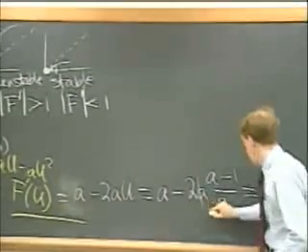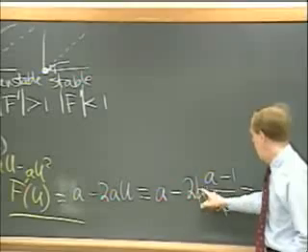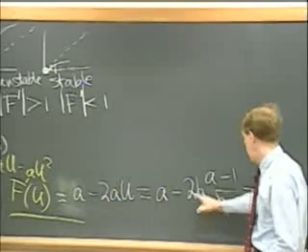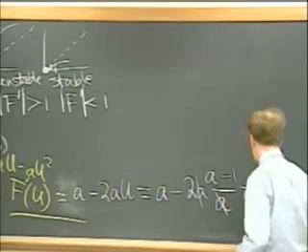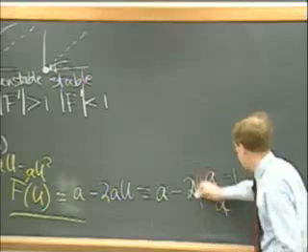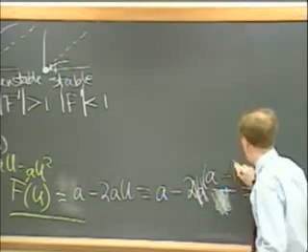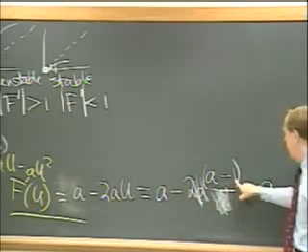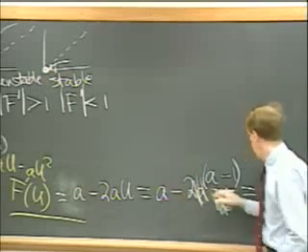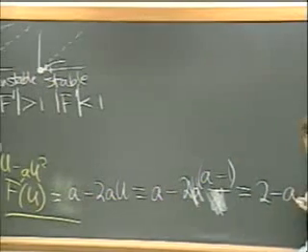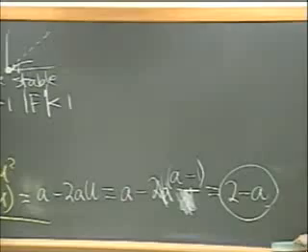And fortunately, the a's cancel. And what do I have altogether? Maybe there's a 2 there. So forget that. So I have minus 2a minus is a 2 plus an a. I think it's just 2 minus a. I think that's what we got.